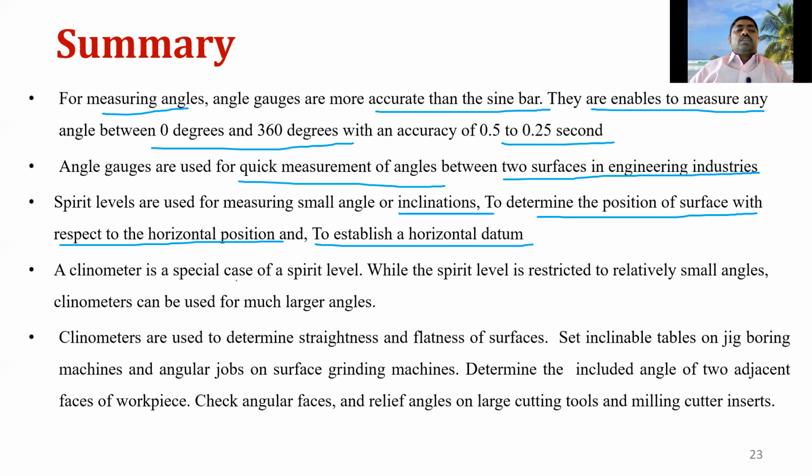The clinometer is a special case of the spirit level where we want to measure larger angles compared to those measured by the spirit level. Clinometers are used to determine the straightness and flatness of surfaces. They can also be used to set the tables to certain inclination on jig boring machines, and angular jobs on surface grinding machines.